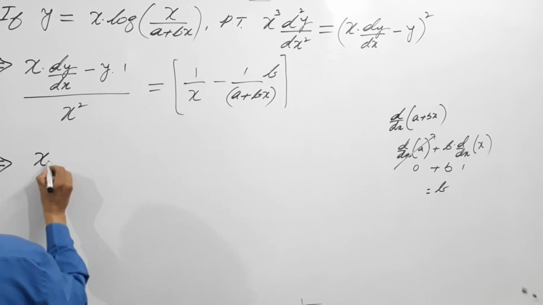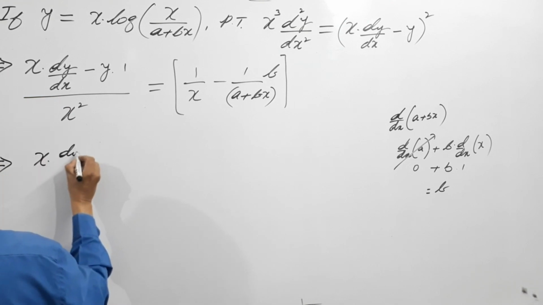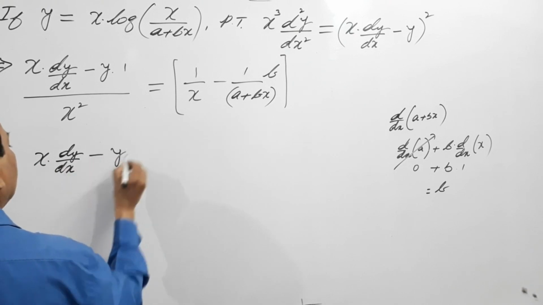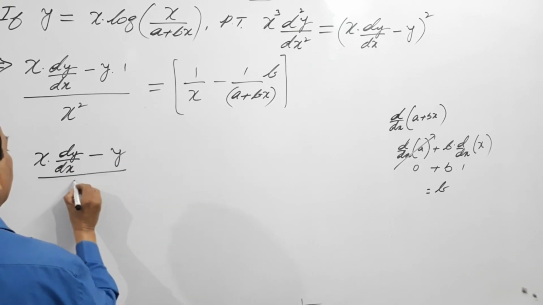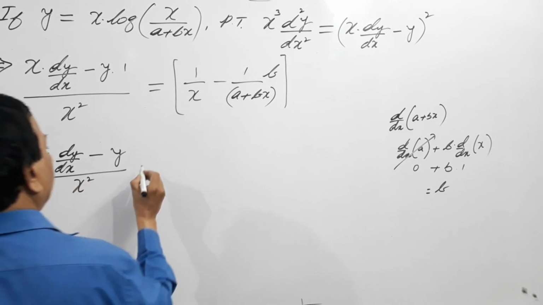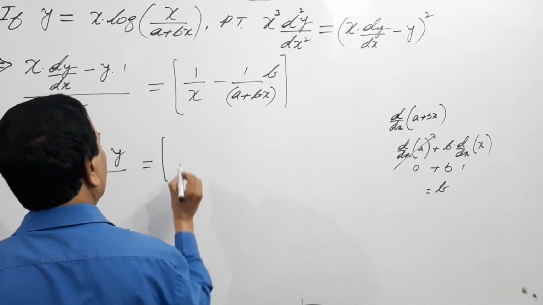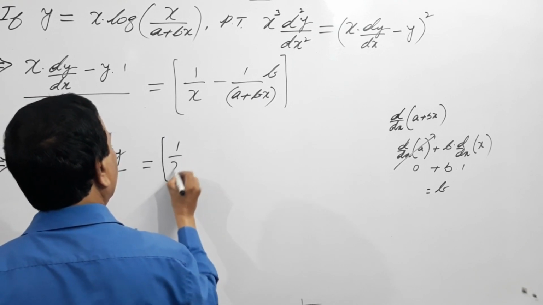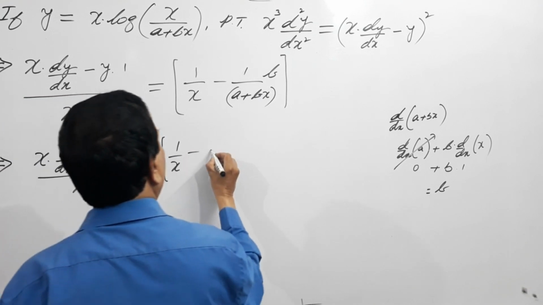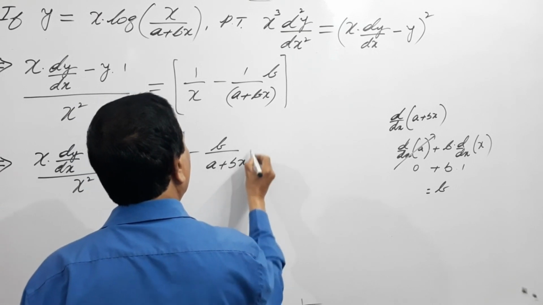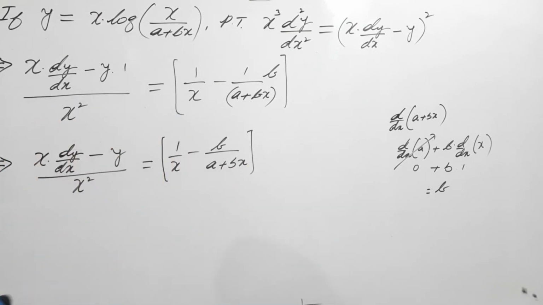This is x into dy by dx minus y by x squared equals 1 by x minus b by a plus bx.